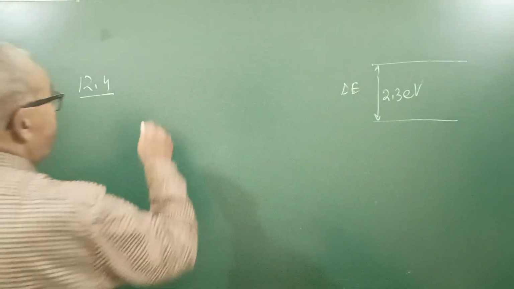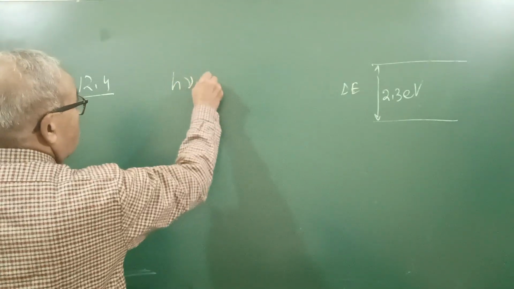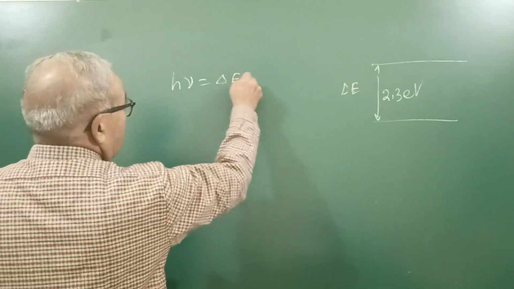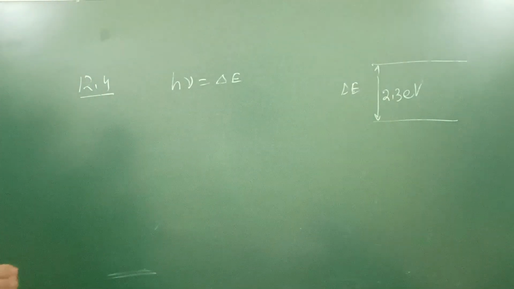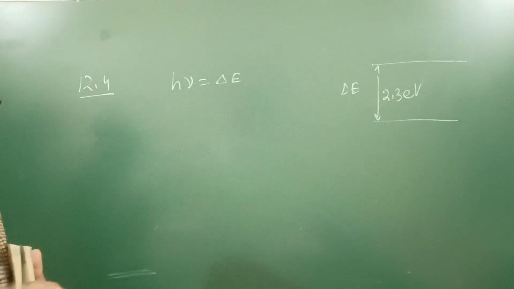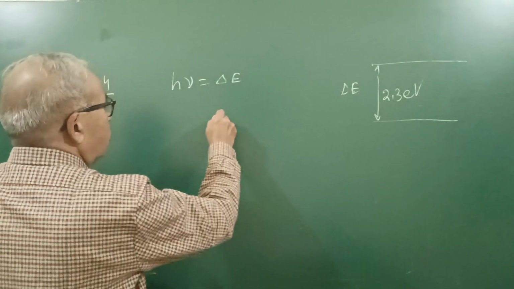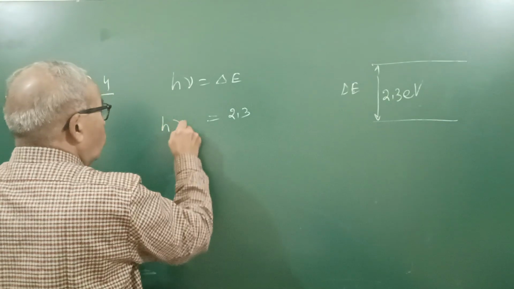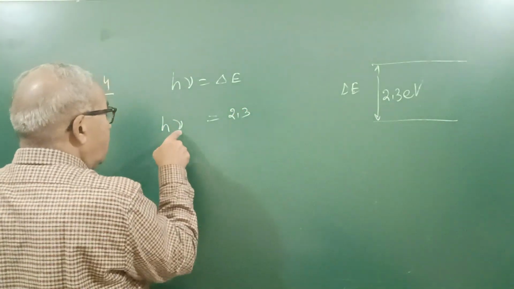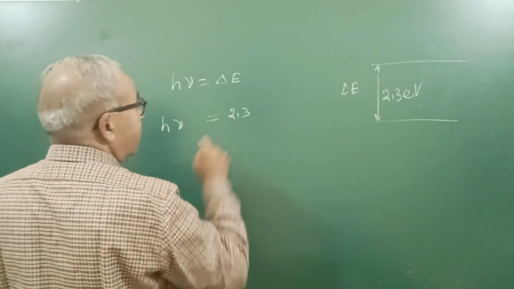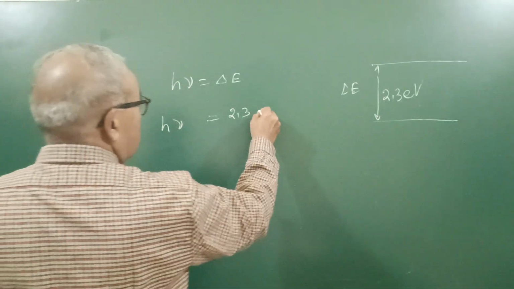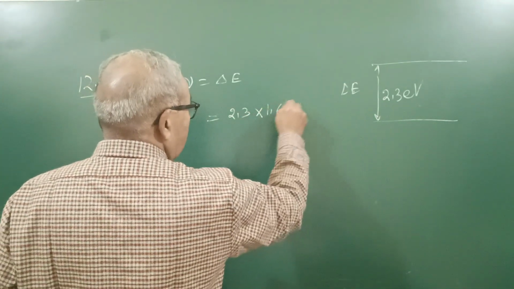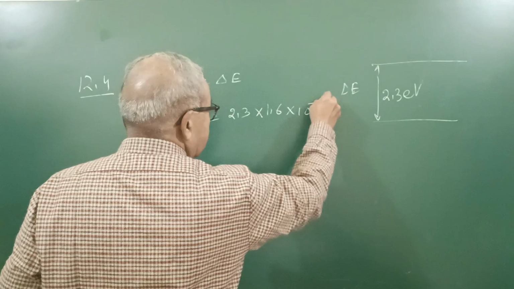So you know h nu is equal to delta E. When we are learners, we commit so many mistakes. We put in 2.3 only. h nu, actually, it will be in hertz when the energy is in joule. So multiply by 1.6 times 10 to the power minus 19.